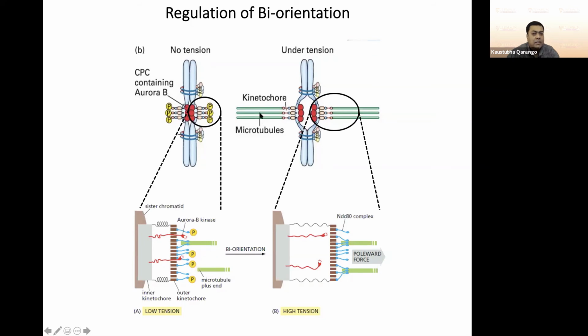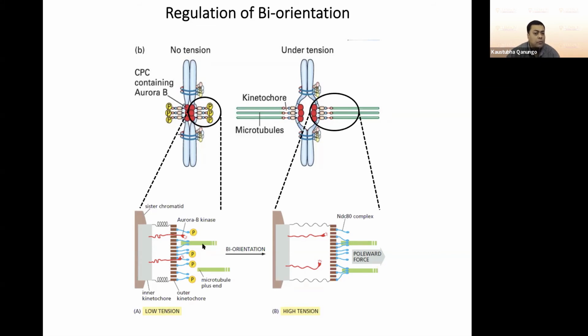But as more and more microtubules are growing here towards these NDCs, so right here, when you have this low tension and these microtubules are growing and growing, some of these non-phosphorylated NDC complexes will bind. And this is just random, because Aurora B kinase is phosphorylating most of them, and there could be some of them which are free that will bind to these microtubules, just a few, as it is going towards prometaphase.